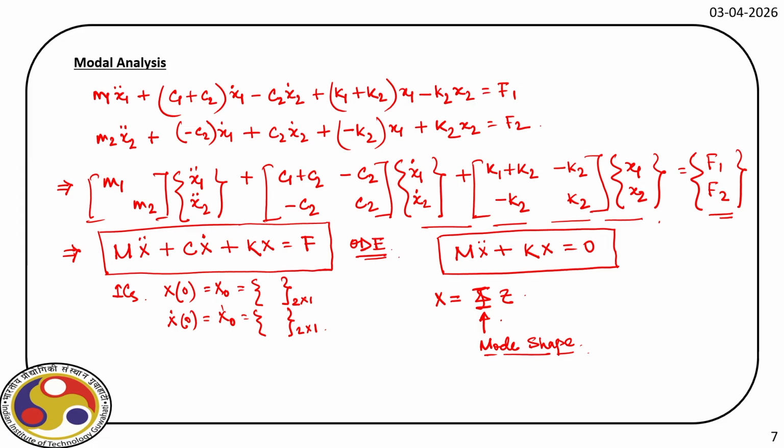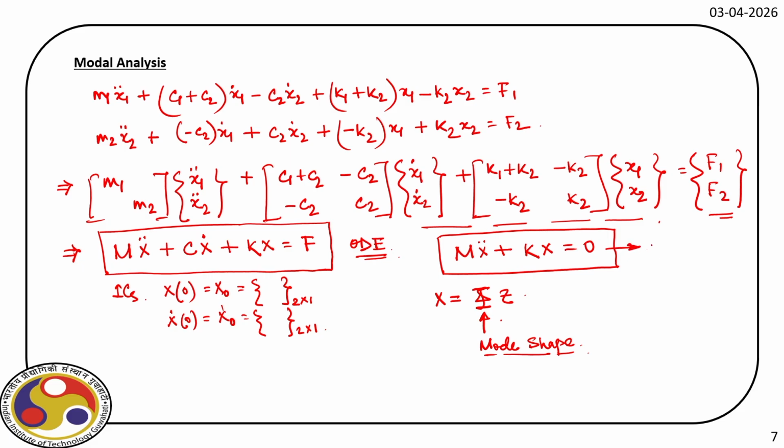So if you look at the equation, for every degree of freedom xi, we can propose a trial solution.